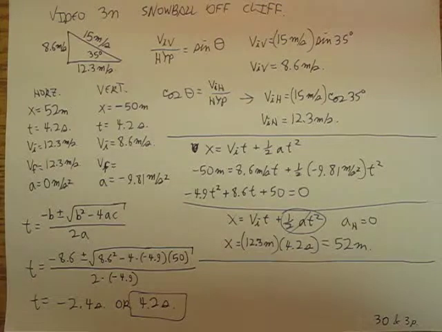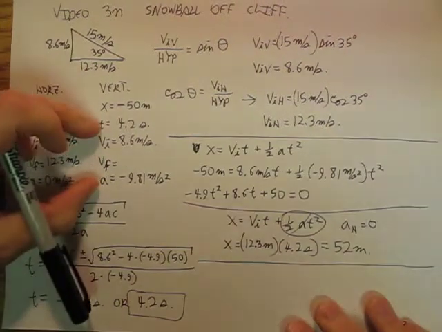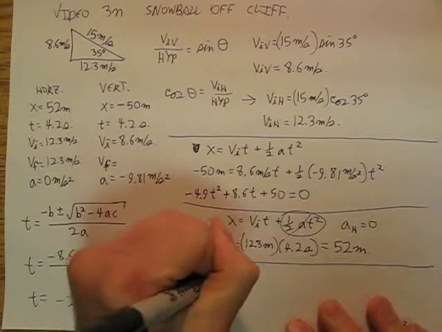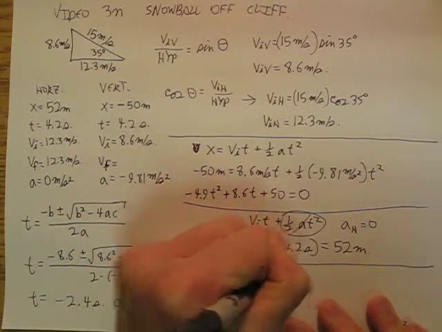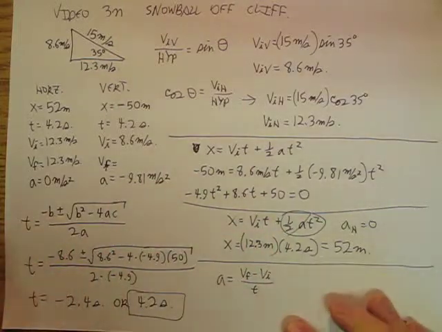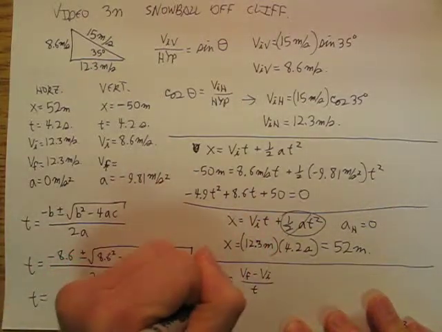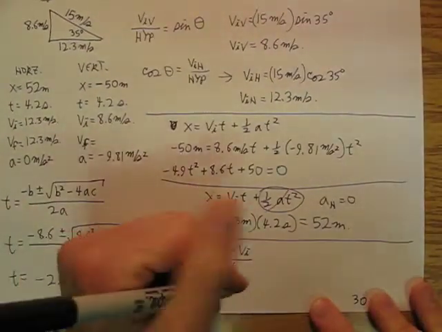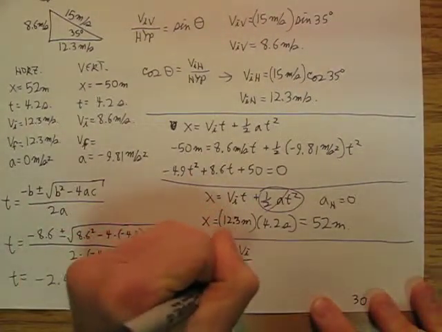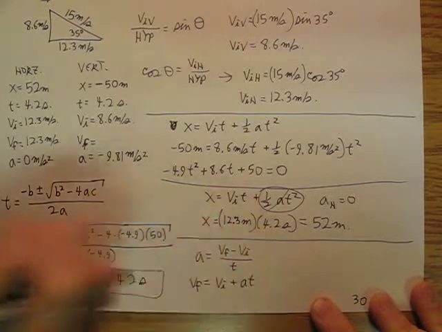Okay, the easiest way we're going to do this one, let's flip to a different equation. Let's say a is equal to vf minus vi over t. And so we're going to get vf equals vi plus at.